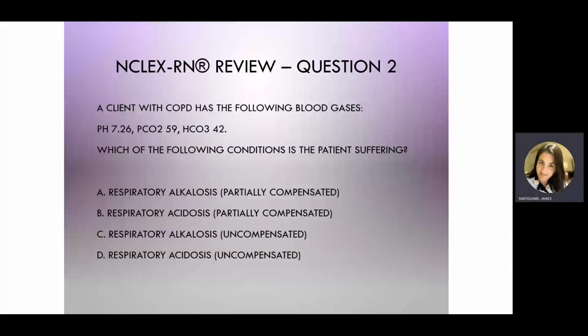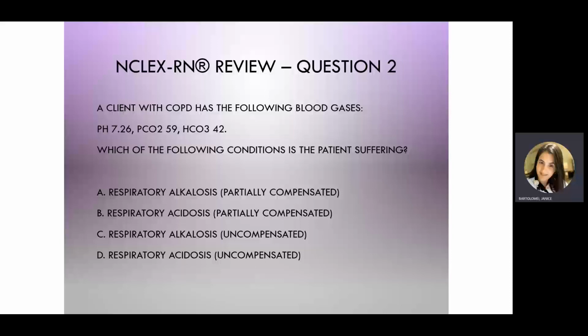So we can basically discount every metabolic issue. We know it's respiratory. Now, we also know that it's respiratory acidosis because our pH is less than 7.35. We know we're in an acidotic state. So we can already eliminate this one and we can eliminate this one.